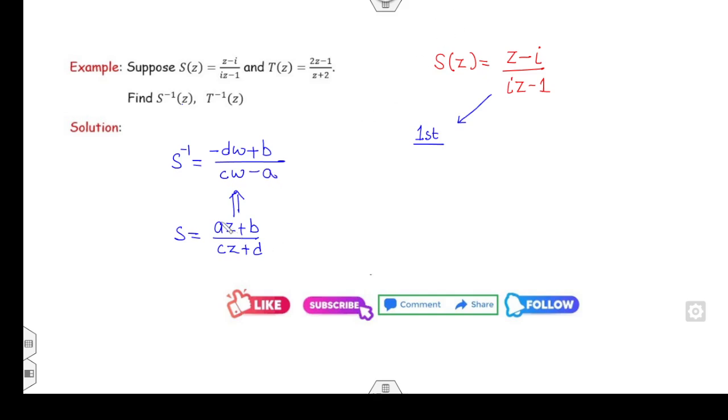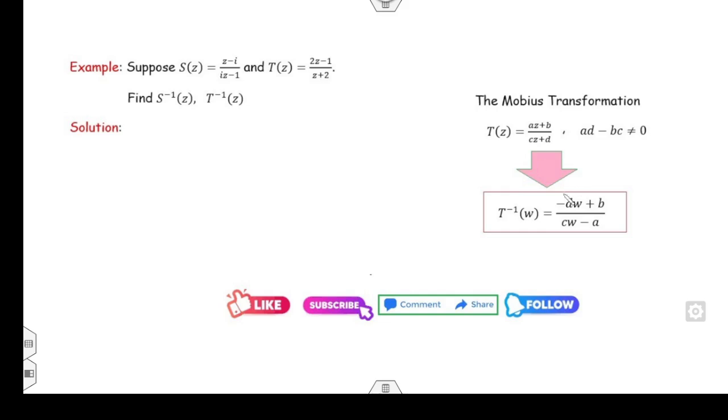That means I can reverse A and D with the negative sign. So what is the answer of the S inverse? I can reverse the coefficient of 1 and minus 1. So it is minus 1, minus D, that's a plus 1, iota, iota of Z, and minus 1. That's the answer of the S inverse. Fine. By using the first method, you can write it directly.